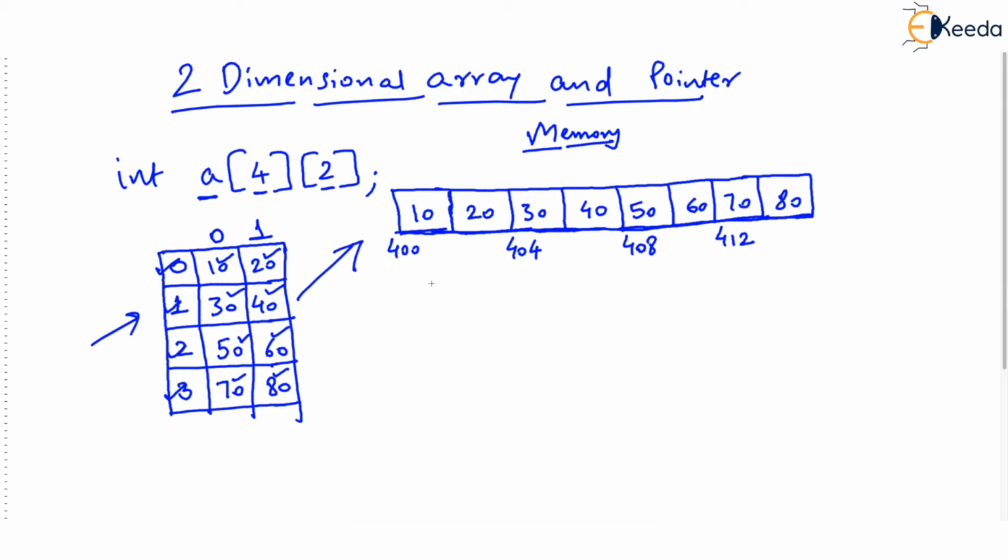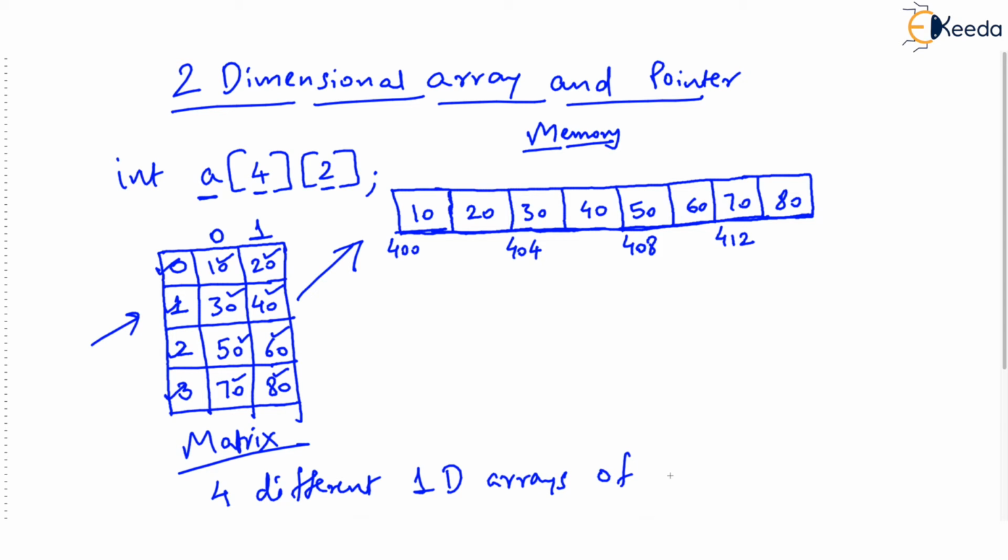And what you have to understand about a two-dimensional array is that it is in fact four different one-dimensional arrays of 2 elements each. You can just check. This indeed is a separate one-dimensional array.